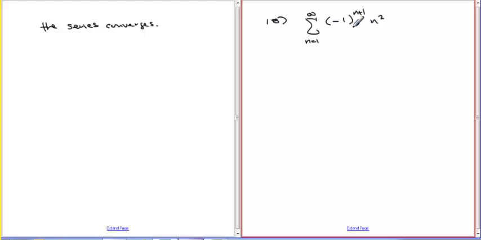It's weird. Every third one is the same kind of issue. Again, this doesn't go to 0. So that's an issue. The limit of this thing goes to 1. So again, this diverges.